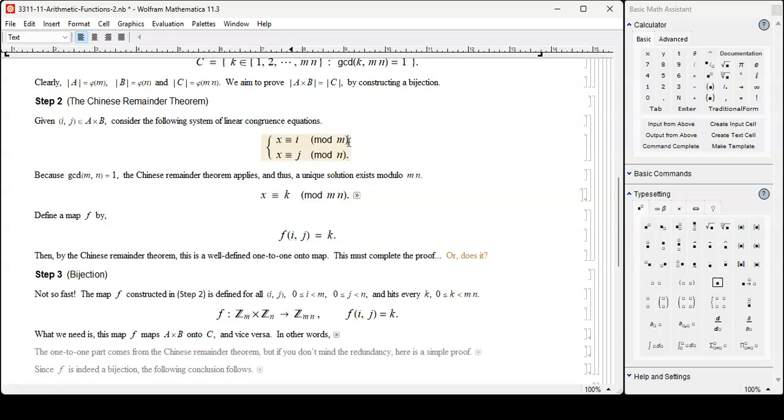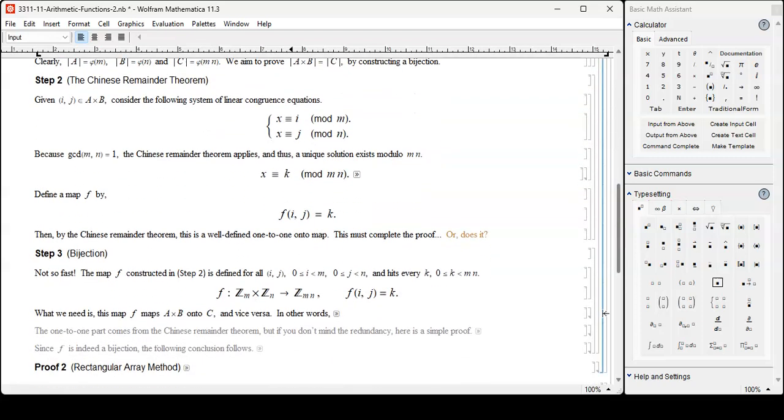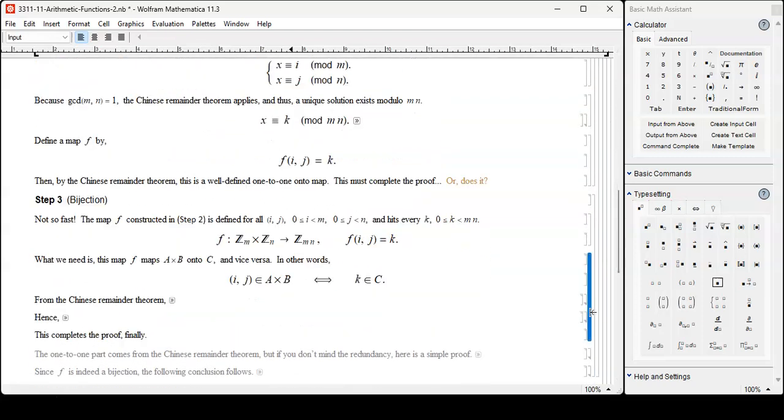This Chinese remainder theorem map and the unique solution is defined for everything from 0 to m minus 1, 0 to n minus 1, onto 0 to mn minus 1. The relatively prime parts are not considered here. So what we are going to do is to restrict it.